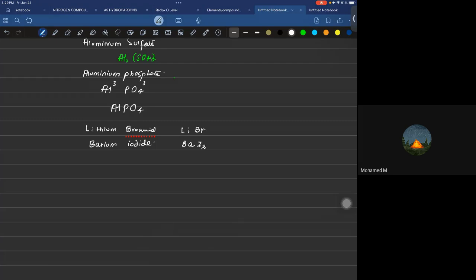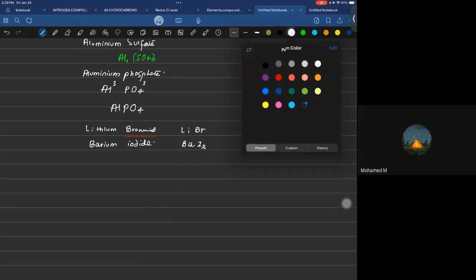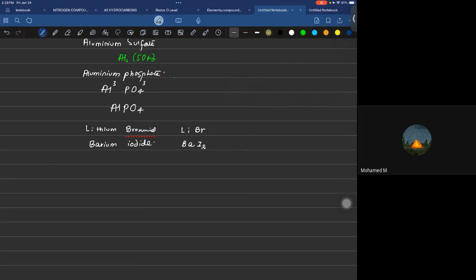Nice. So basically the chemical formula depends on the valency, right? Yeah. And also we have calcium nitrate. Can you tell me the formula for calcium nitrate?